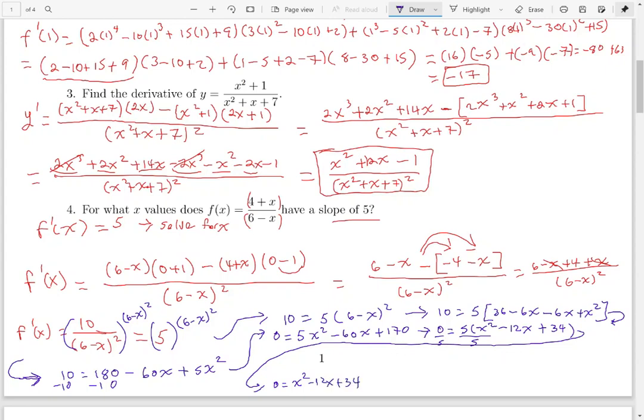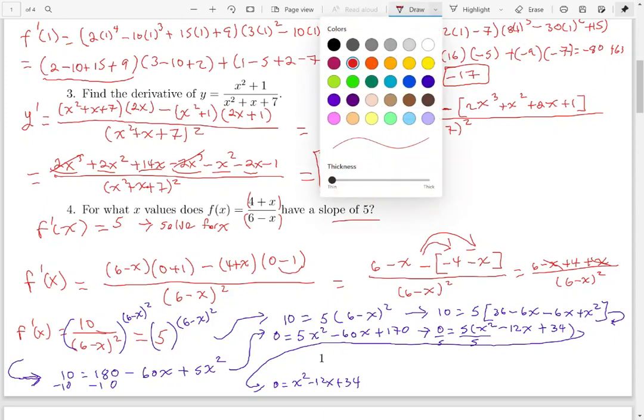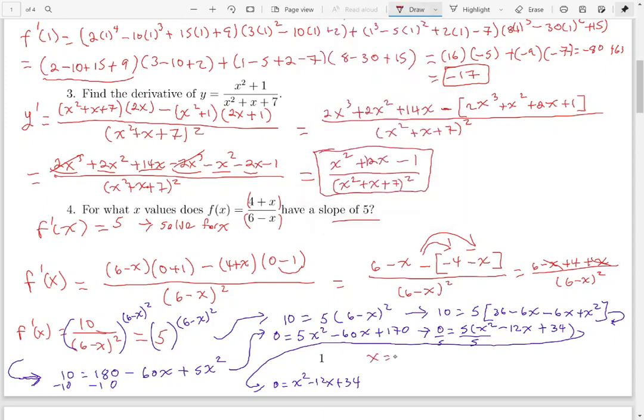At this point, we could try to factor if we wanted, but I'll tell you that it doesn't factor nicely. And so then the quadratic formula is probably our best bet. And so quadratic formula, x is equal to negative b plus or minus the square root of b squared minus 4 times a times c, all divided by 2 times a.